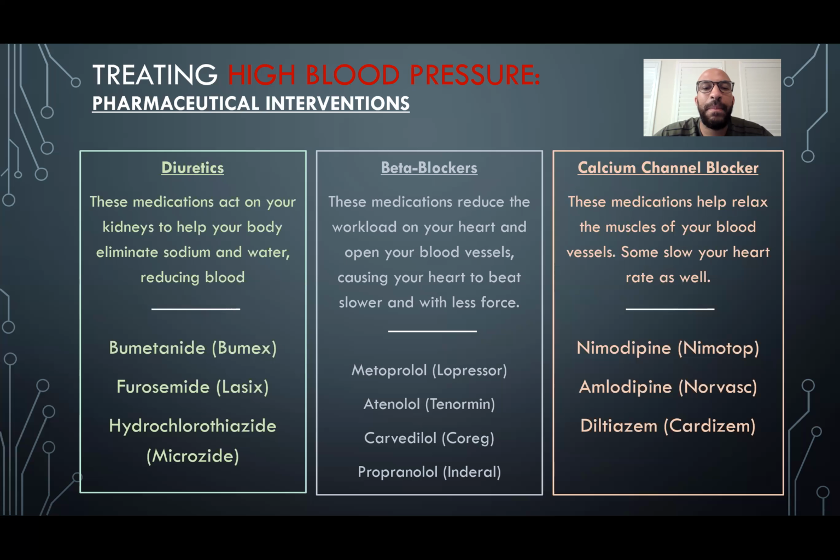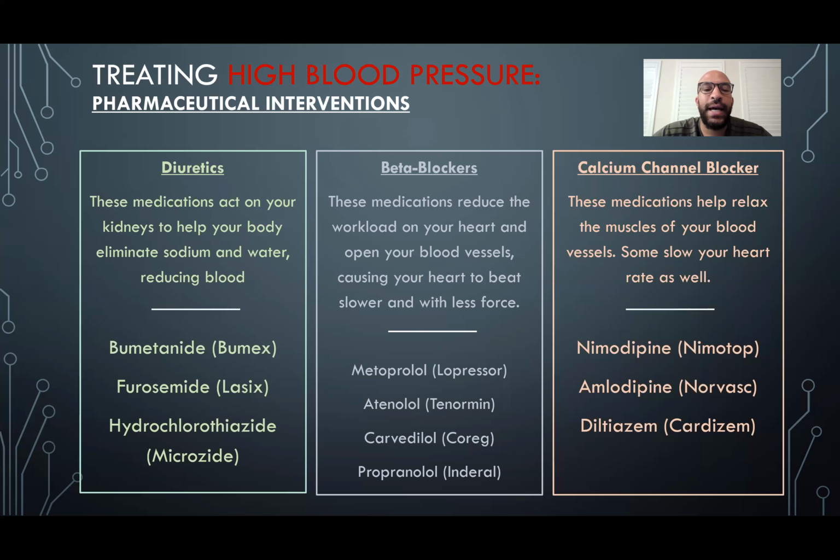Now, what are some common beta blockers that we may give to our patients? We may see them taking. These medications would include metoprolol, which is commonly known as Lopressor, atenolol, which is commonly known as Tenormin, carvedilol, which is commonly known as Coreg, and also propranolol, which is commonly known as Inderal.